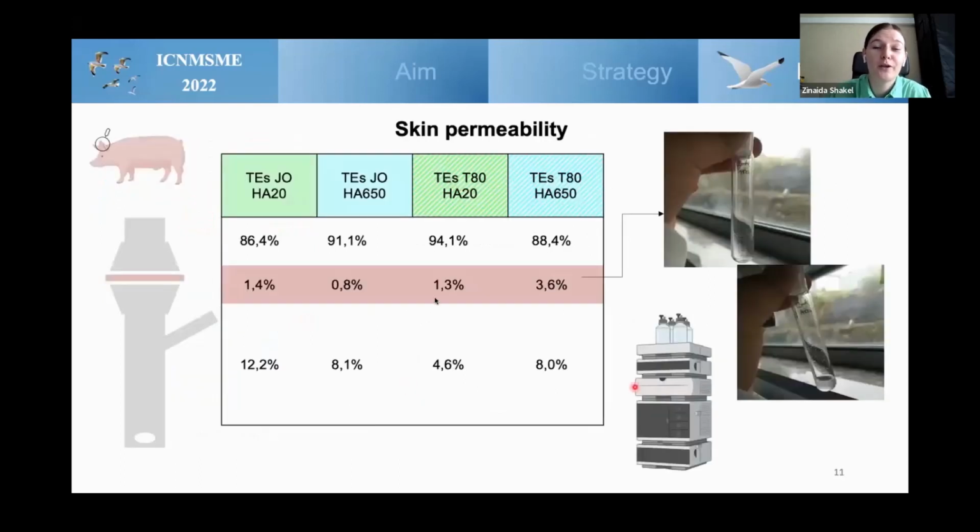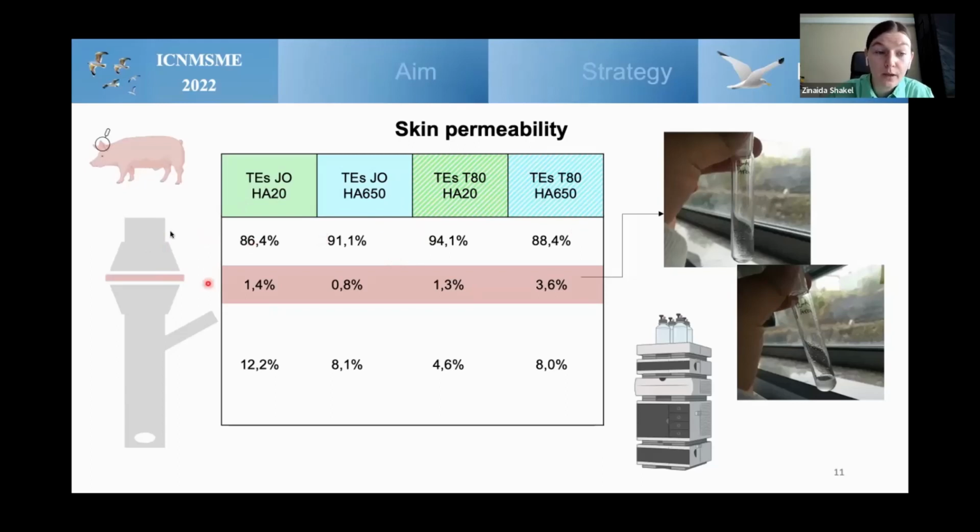Here you can see a really preliminary result. On that table, you can see for each formulation, the top compartment corresponds to the first line. Most of our formulation is on the top of the skin, not permeated. I did the assay only for 6 hours. That's why these are really, really preliminary results.